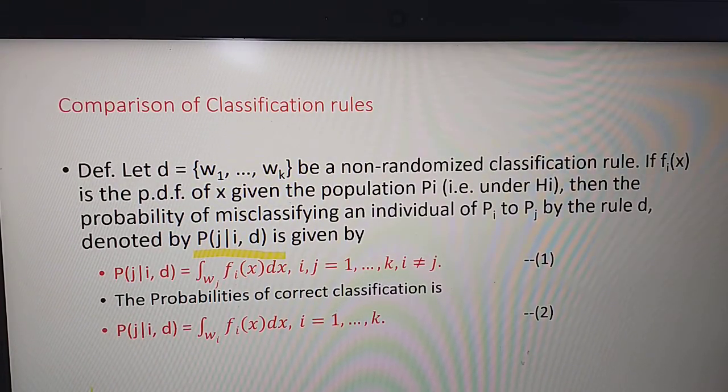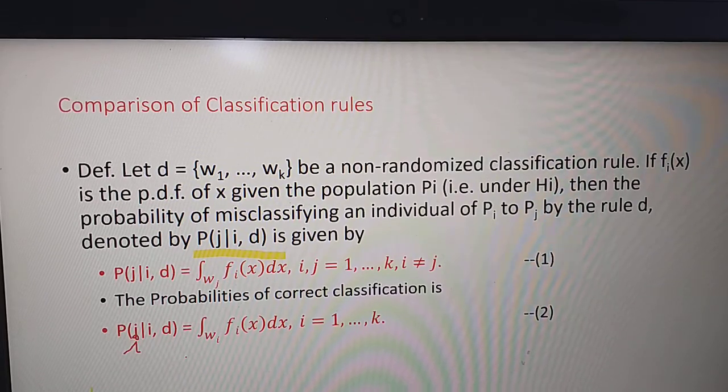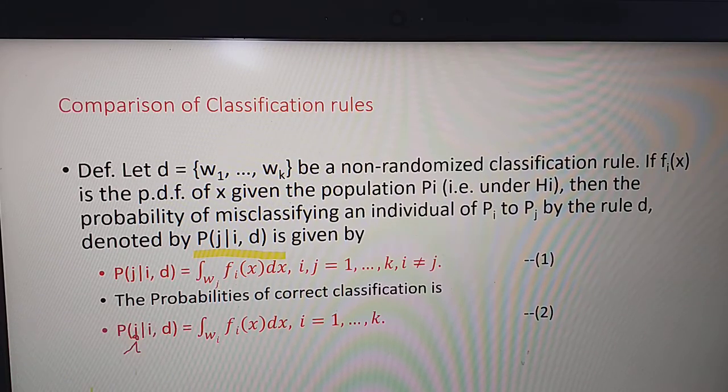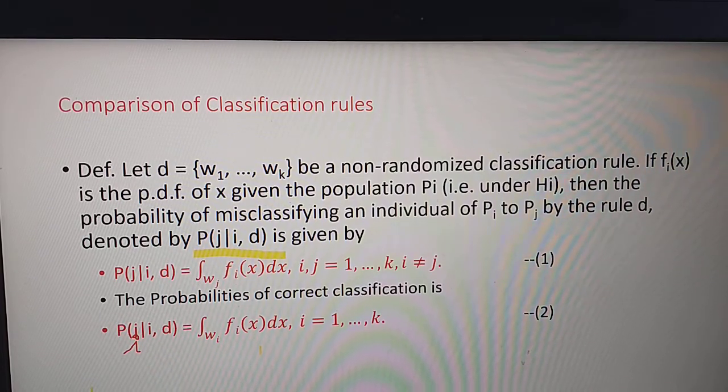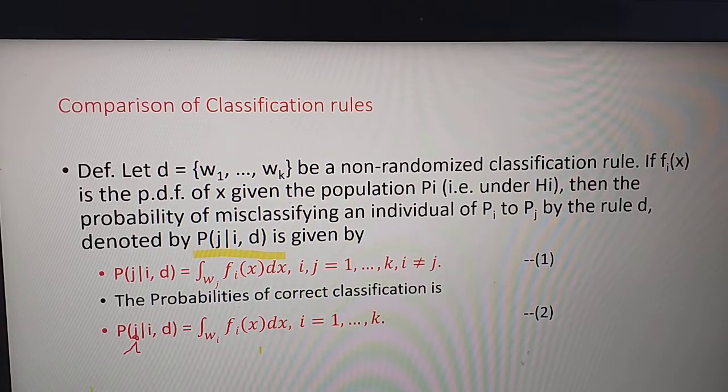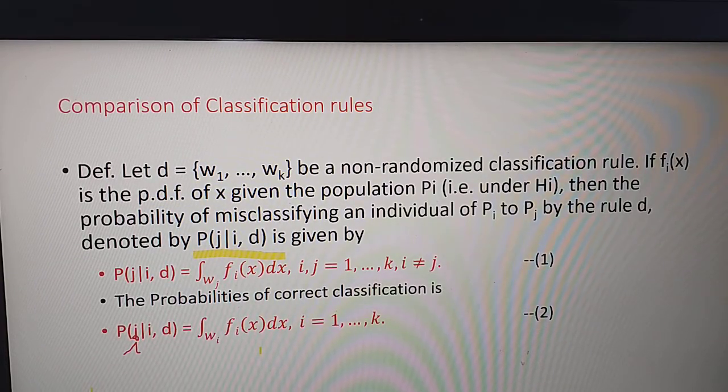This should be i. Pii, you correct it. Okay, no problem. Then P(i|i, D) is equal to the integral over the region Wi of fi(x) dx. So these are the probabilities of misclassification and probabilities of correct classification.